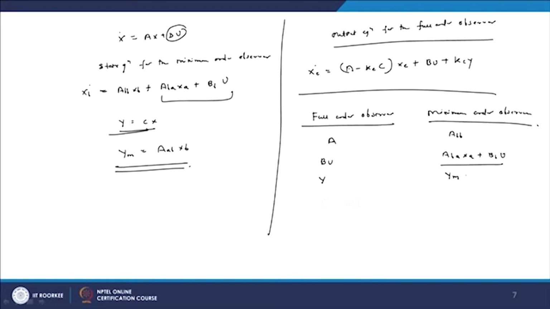Now, in the full order observer, we have a K matrix, and the order of this K matrix is n cross 1, and in case of the minimum order observer, we can write this as KER, an n minus 1 cross 1 matrix. And now, about the C matrix. The C matrix in case of the full order observer we can write as C.